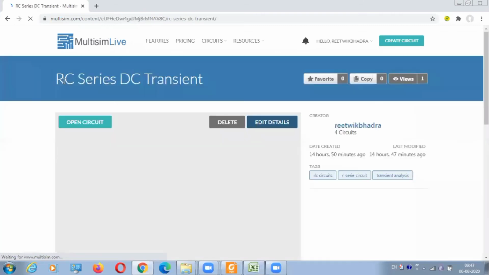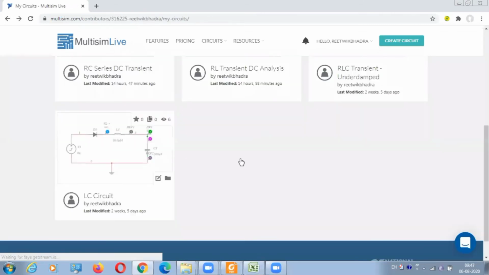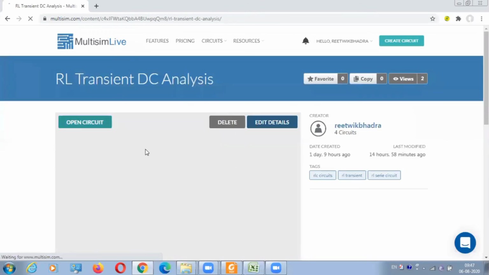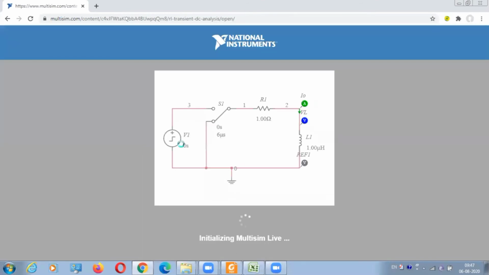Not LC, sorry, RL. I was doing yesterday this RL circuit. We'll just start from this. Very easy. We'll take the results what we have studied. Just we'll check the results.